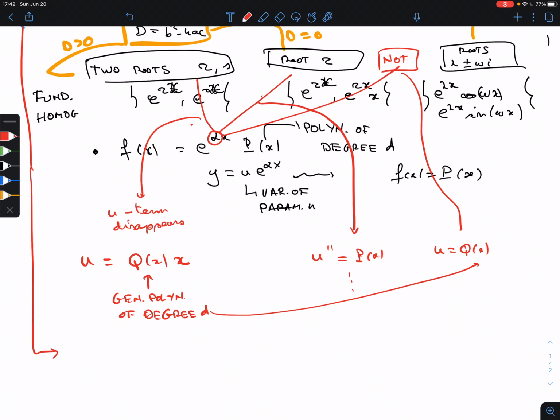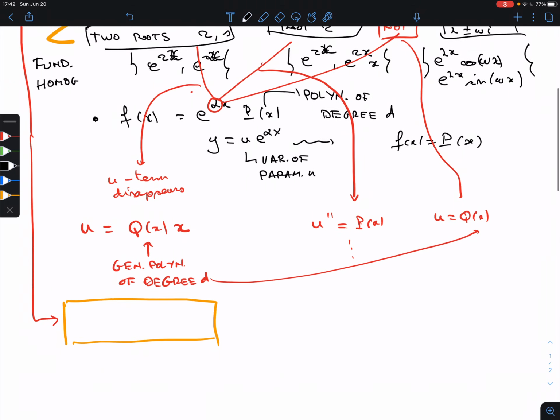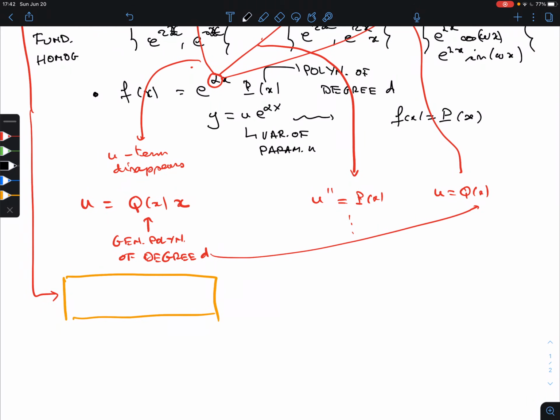So here now, the next question is, oh, I was doing this in orange, right? Do we know, so now can we do variation of parameters or reduction of order? What this refers to is the complementary homogeneous.